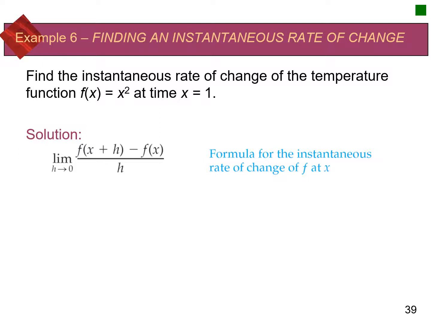Now, one of the things I want to point out at this point in time, if you were to plug 0 in for all the h's and then evaluate this function, you would end up with f of x minus f of x, so something minus itself, which is 0. And of course, h being 0 on the bottom would be 0, so you would end up with a 0 over 0 circumstance.